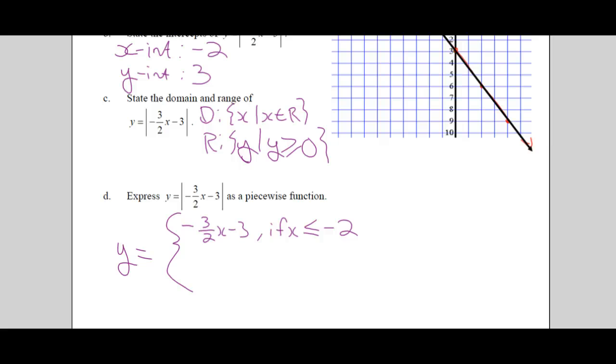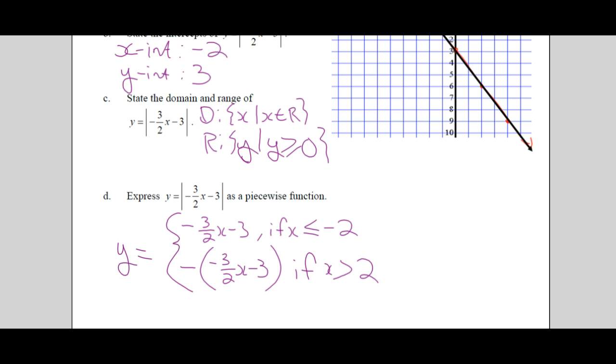So watch. It's the negative of negative 3/2 x minus 3, if x is greater than 2. Now, you could simplify this.